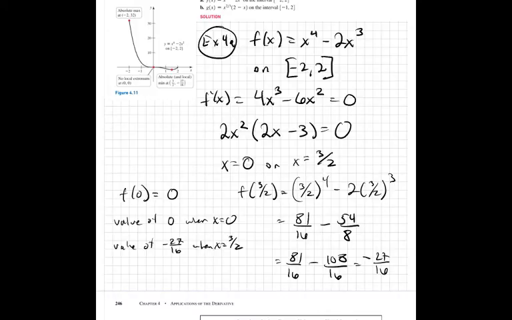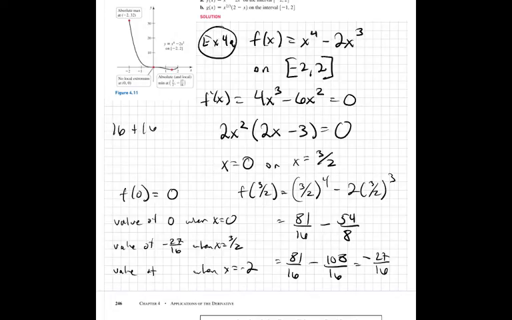So if we plug negative 2 into the original, 2 to the 4 is 16, plus 8 times 2 is 16, which gives 32.